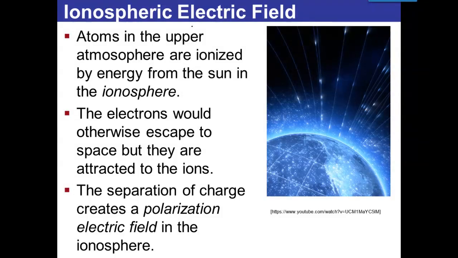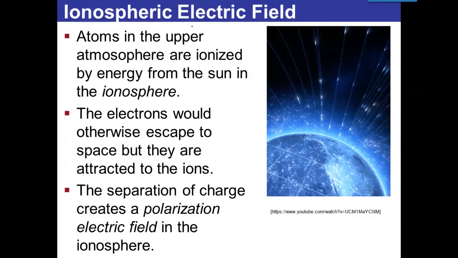And that gas is composed of atoms. Those atoms, though, when they are hit by particles and radiation coming in from the sun, can become ionized in the upper part of the atmosphere. There are several actual layers of ionization that occur at various levels, and these layers are called the ionosphere. So it's basically layers of ionized gases.